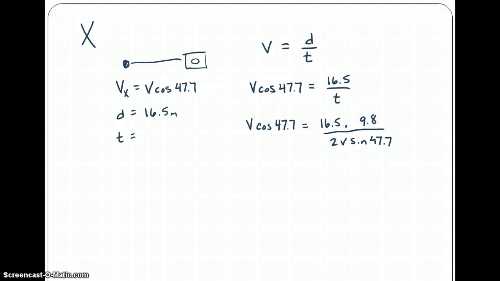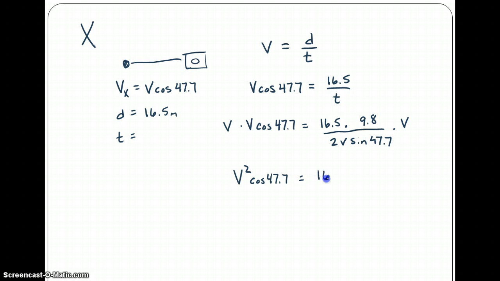Now all of a sudden I have just V's left. I want to get this V right here over here with this V. I'm going to multiply times a V. The V's cancel. If I do that to one side, I have to do it to the other. Now I'm going to get a V times a V, or I get a V squared. Still have the cosine 47.7.